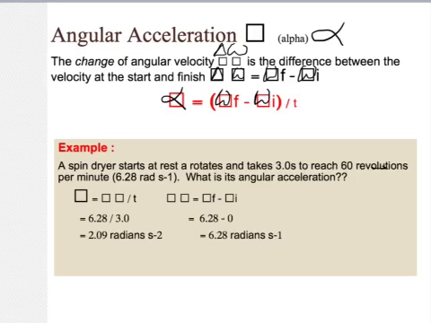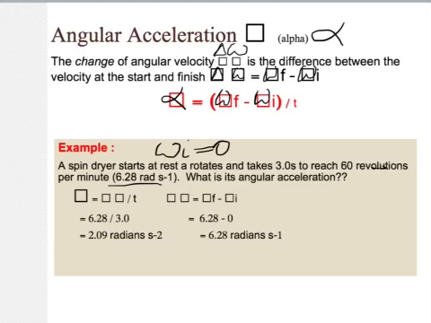An example. A spin drive starts at rest. That of course means that omega i equals 0, starting at rest. It rotates and takes 3 seconds to reach 60 revolutions per minute, which is equivalent to 6.28 radians per second. So that's our final angular velocity, 6.28 radians per second.